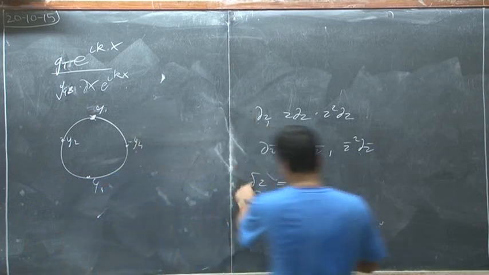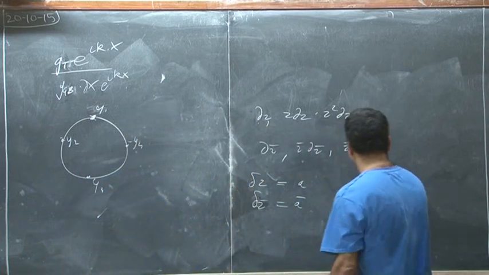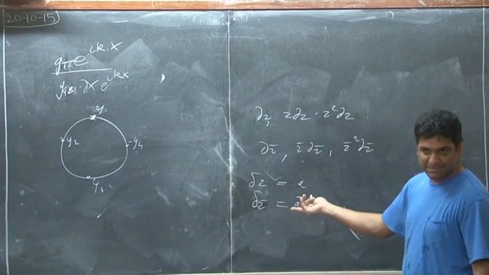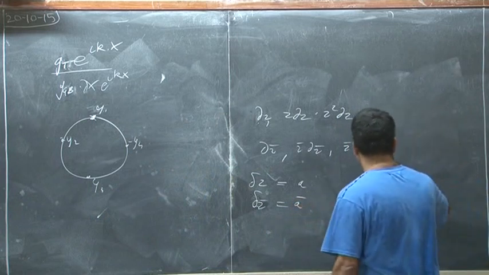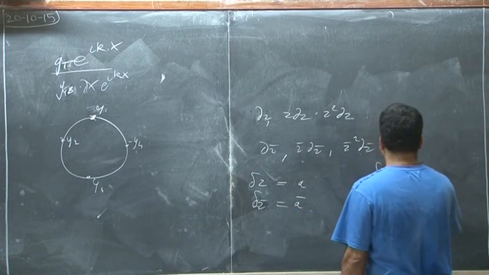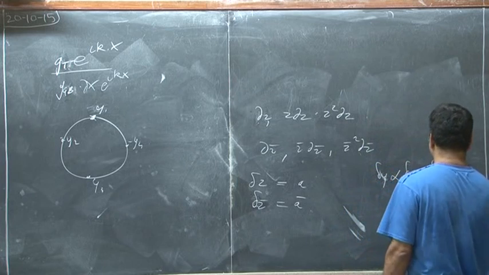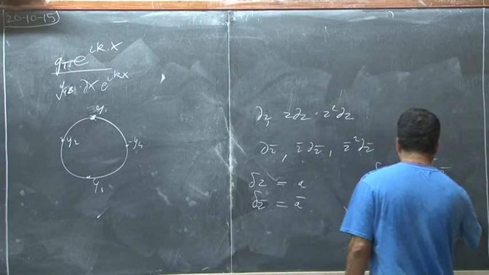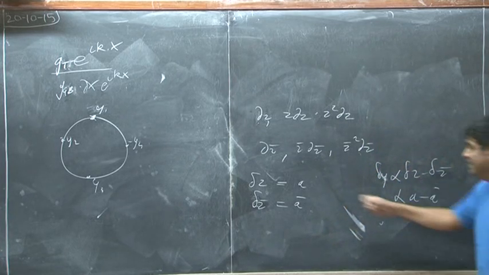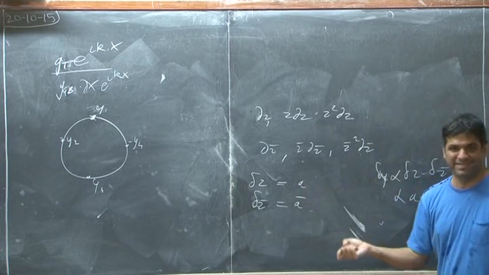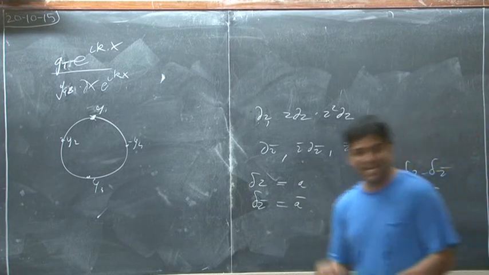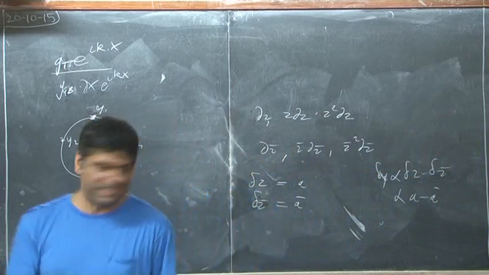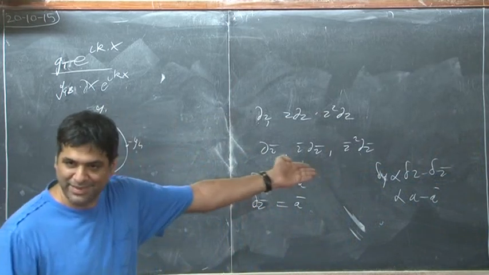So what's delta y? Delta y is proportional to delta z minus delta z bar, which is proportional to a minus a bar. What that tells you is that a is a real number. Similarly you can work it out with z squared and z bar squared.